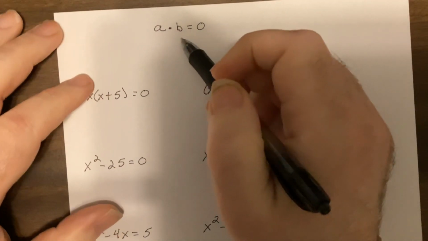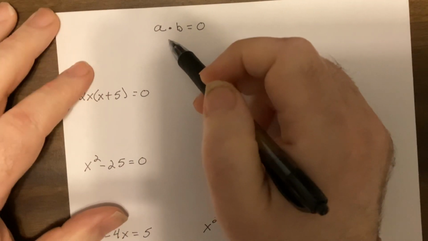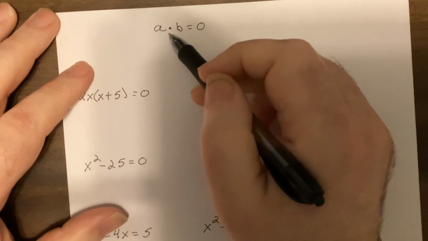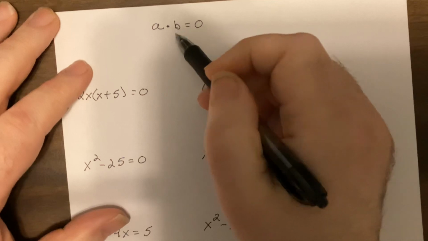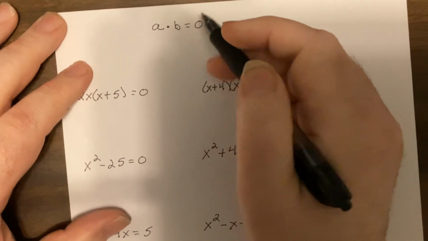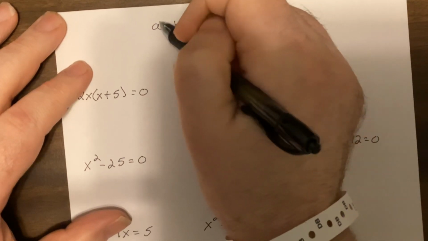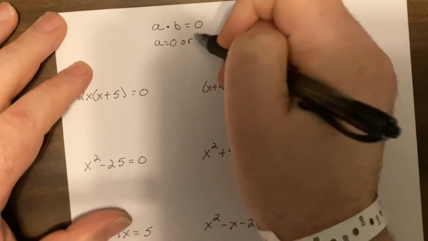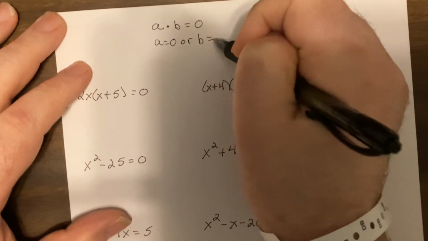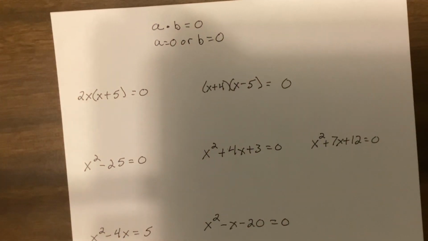So we were talking about the product rule of zero, which is if you have a product, something times something, and it equals zero, you can solve this by setting the first one equal to zero or the second one equal to zero, because the only way you can multiply two things to get zero is if at least one of them is zero.